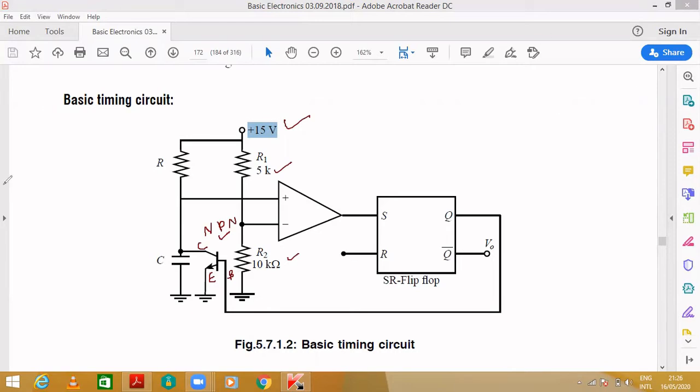Then here the R will be operated manually. Either you can give 1 or 0. I will tell why we are giving only 1 or 0. What is this? It is the flip-flop. A flip-flop is a bistable circuit which operates in a digital mode. The flip-flop is a digital circuit, and you already know the digital values are only 0 and 1. So you have to work with 0 and 1.